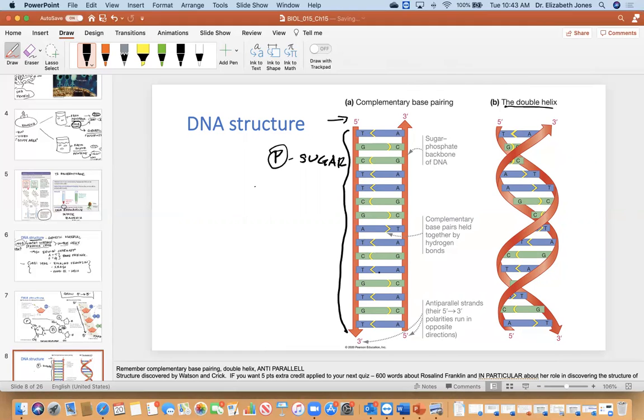And then we have our bases that jut off of our phosphate sugar backbone like that. Now let's look at how the opposite strand is oriented. This one is oriented 5' to 3', but its sister strand is upside down relative to the original strand. And when you get into genetics, what you'll find is that the reason for this is so that these bases can pair up. They only pair up upside down to each other.